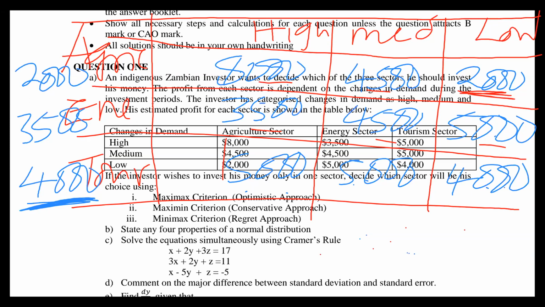Then, after choosing these minimums, we look for the maximum out of the minimums. Did you get that? Yes, sir. So where we get the maximum, that's where you invest using the Max-Min criterion. So we invest in tourism. Is that fair?